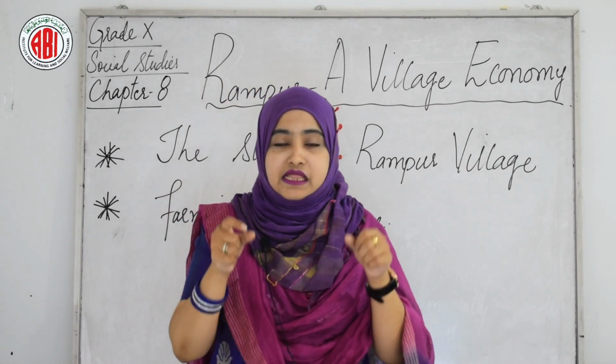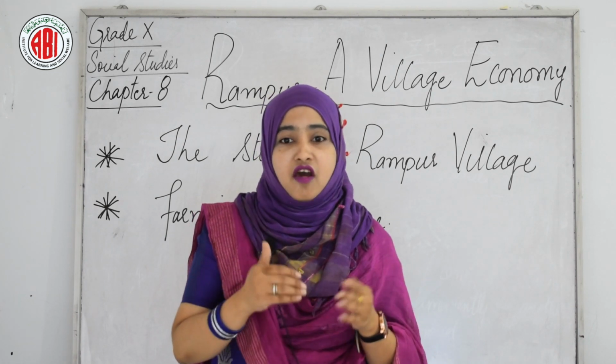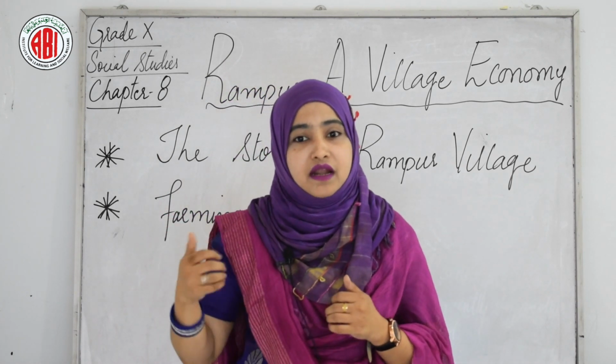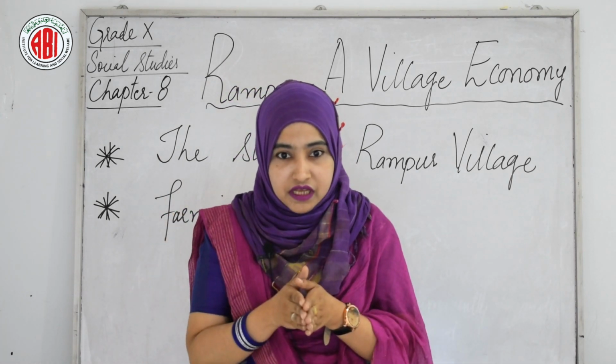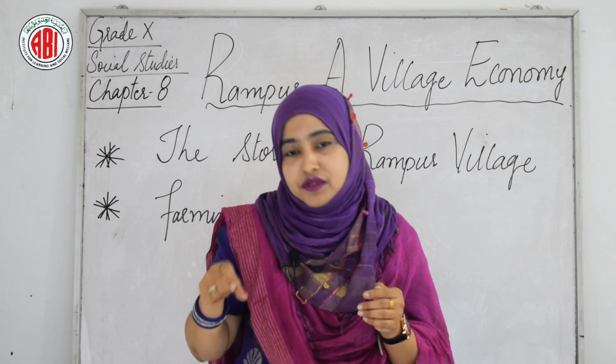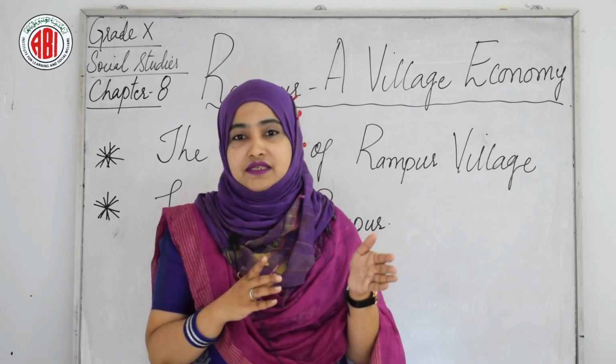Rampur lies in the fertile alluvial plains of the Gangetic basin in the western part of Uttar Pradesh, along with Punjab and Haryana. Western Uttar Pradesh forms a contiguous belt of agriculturally prosperous region. Exactly. It is well connected with the neighboring villages and cities.